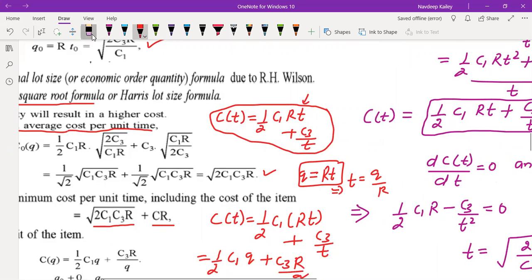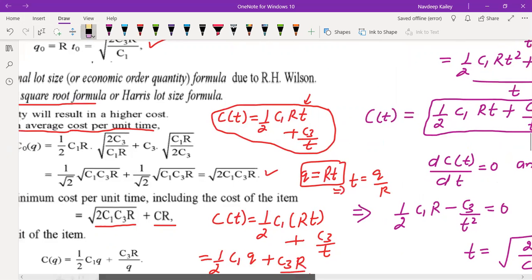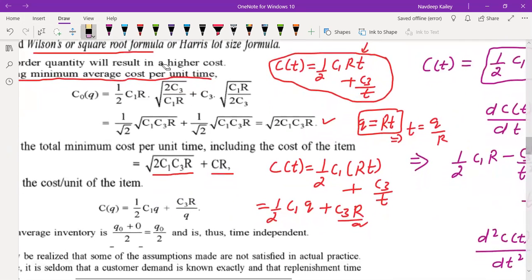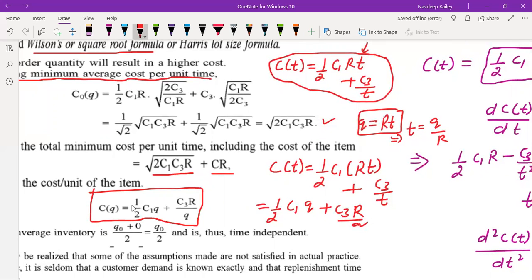Therefore, if we change the formula of average total cost per unit time in terms of quantity, we get half C1Q plus C3R upon Q. Also, average inventory is Q naught plus 0 by 2, that is Q naught by 2, and thus it is time independent.